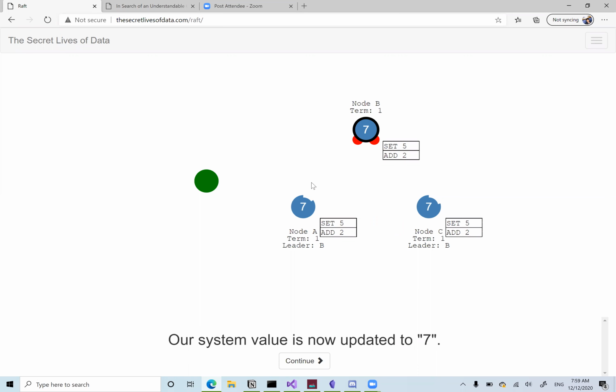But if you want the most up to date value, then you would have to go through the leader and then receive the value which is up to date. So in your reads, it's up to you whether you want the most up to date value, or you are okay to read stale values.